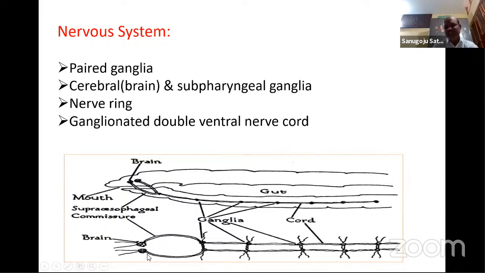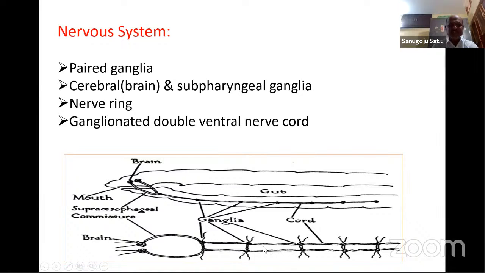It is located in the anterior region, the head or prostomial region, and the ventral nerve cord extends along up to the last segment, called the pygidium. Each and every segment has ganglia from which nerves arise.